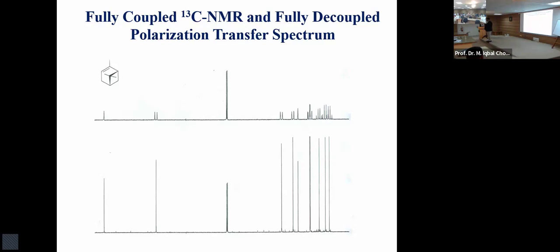On the other hand, when you see the proton NMR spectrum of ethanol, the proton is coupled with carbon also. Why don't you see the splitting of protons?